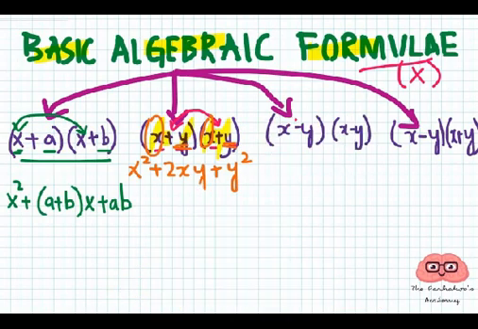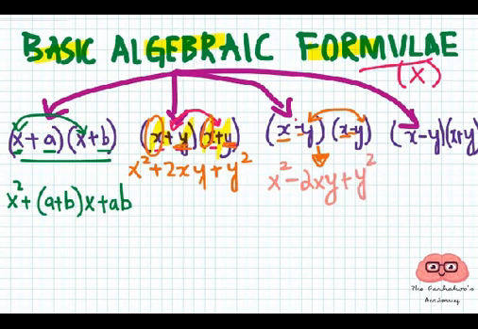If we have such a scenario in which our first term is the same and the second term is also the same but with a minus sign in between, we can apply the shortcut as x squared minus 2xy plus y squared.